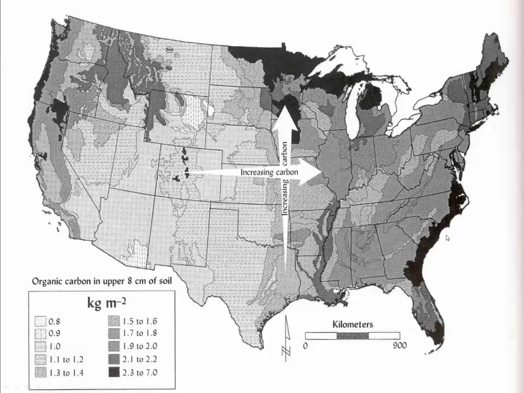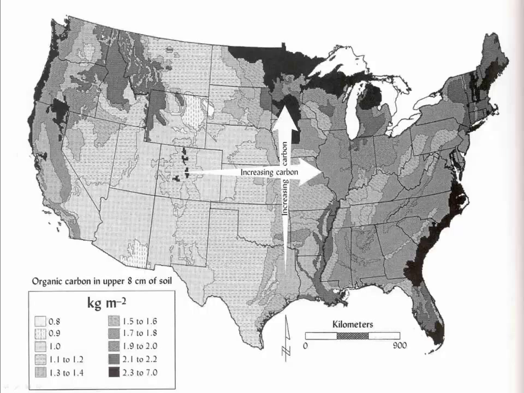And here's a map that shows the combined effect of temperature and moisture. So moisture increases from the west to the east. The moisture also increases along the west coast because it's the first set of mountains to capture moisture coming off the Pacific.